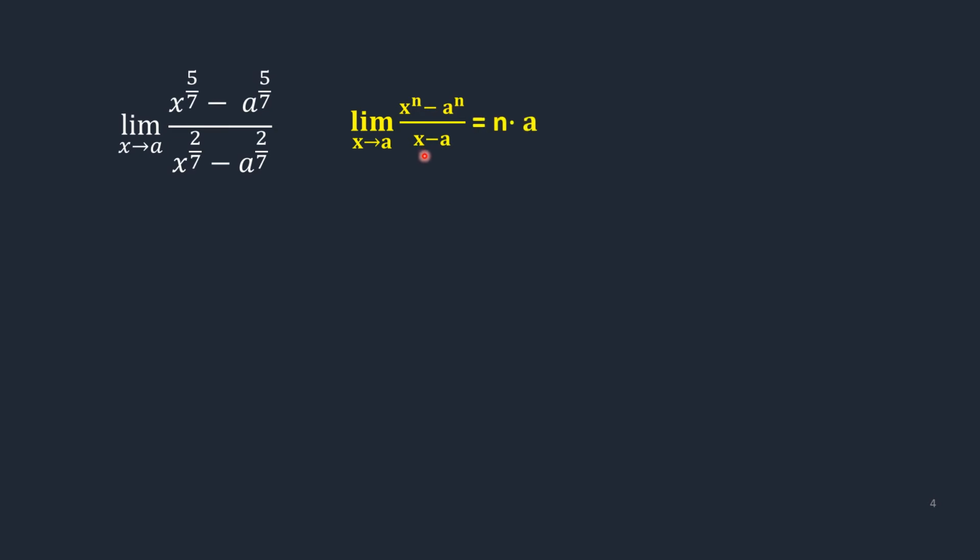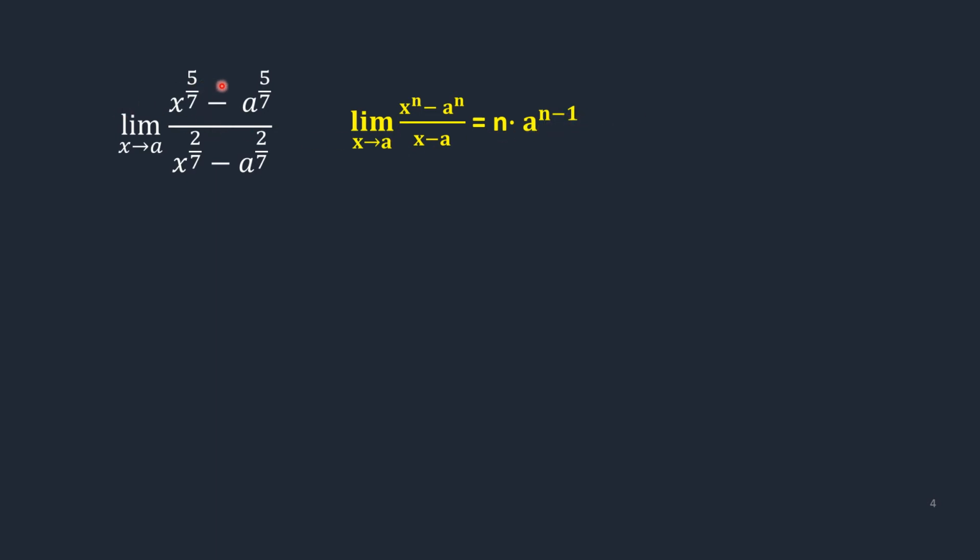Now we will solve this limit by formula method, where the power in the numerator and denominator is a fraction. We have the formula as limit of x to the power n minus a to the power n over x minus a as x approaches a equals n times a to the power n minus 1.